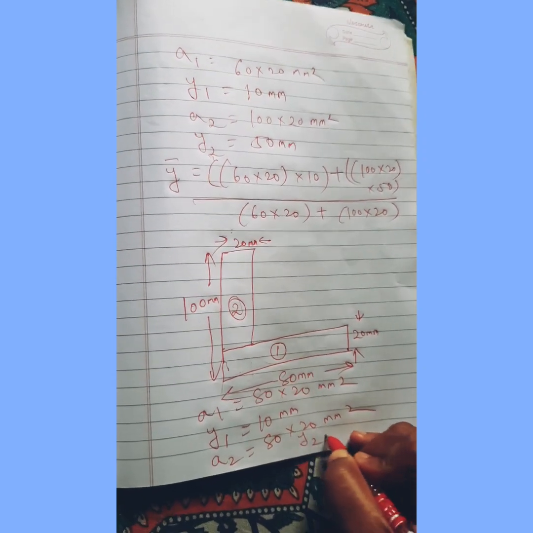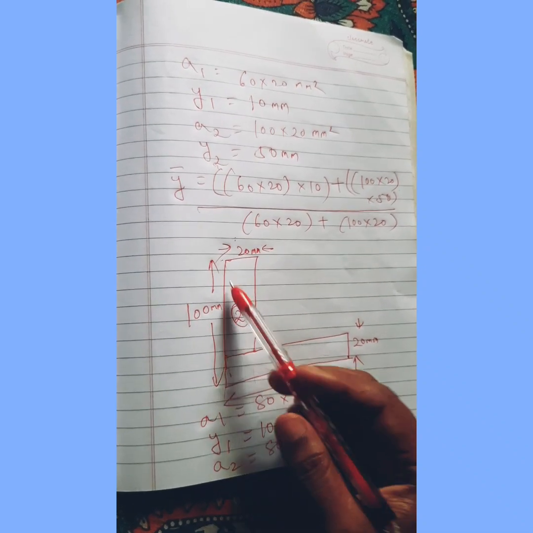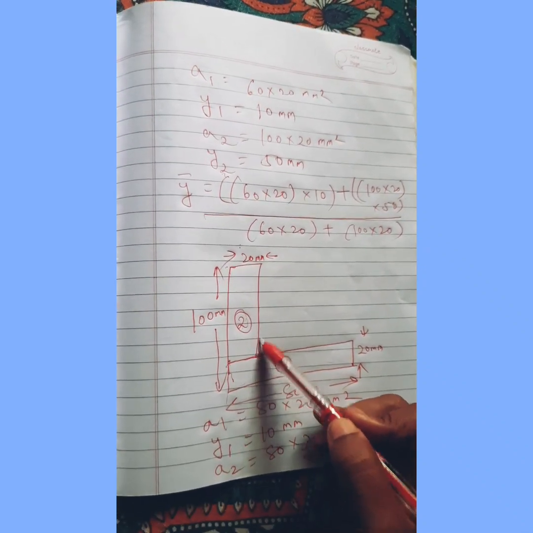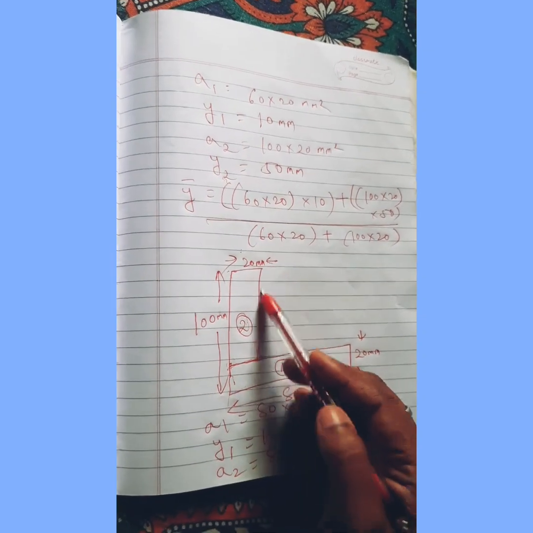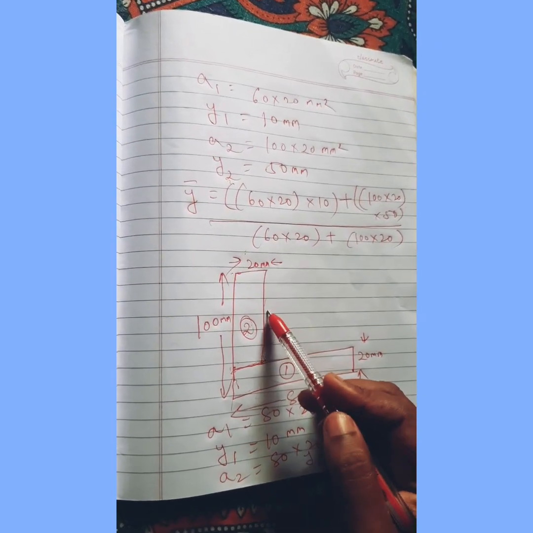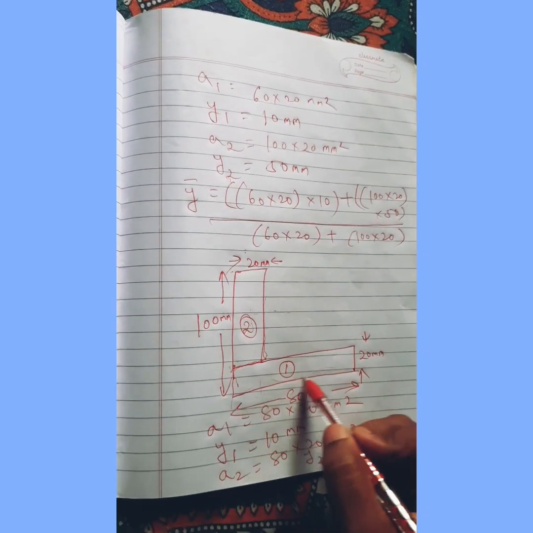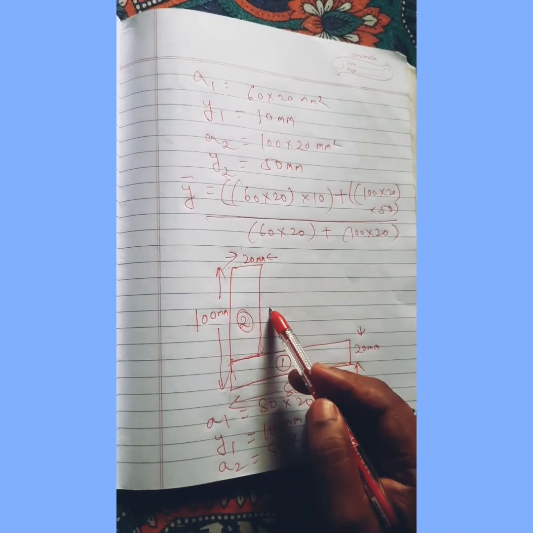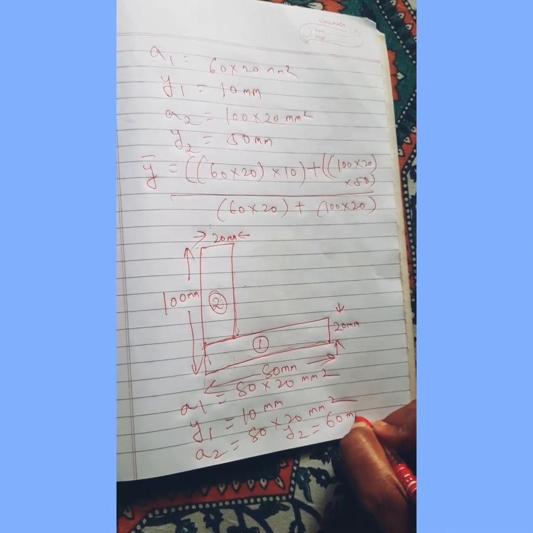Similarly, y2 equals 80 by 2, because this portion, section 2, is 80 mm. So the y coordinate of the center of gravity will lie at its middle, at 40 mm. But we have taken this surface as a reference, so 40 plus 20, that is 60 mm.